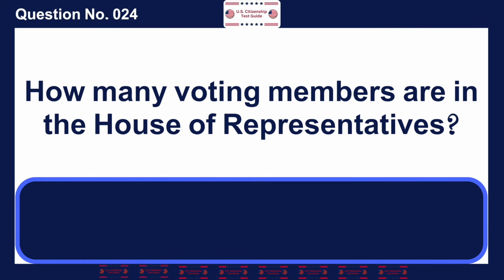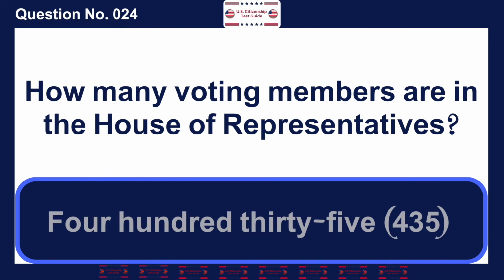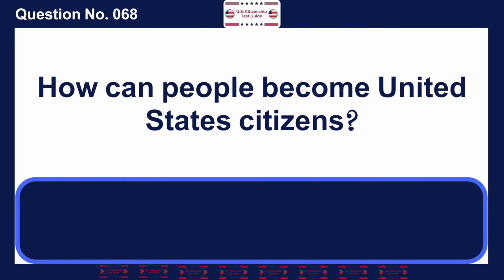How many voting members are in the House of Representatives? 435. How can people become United States citizens? Naturalize.